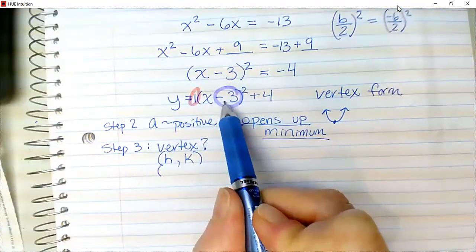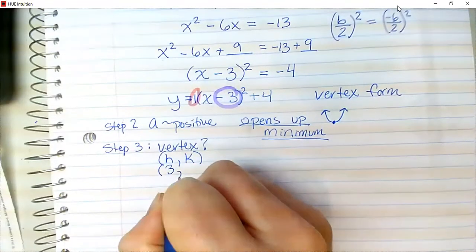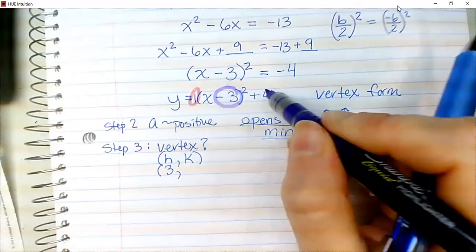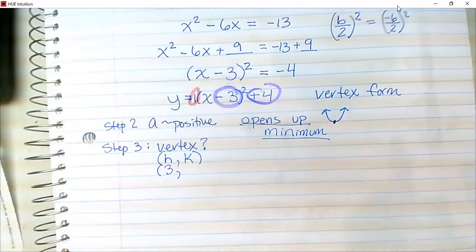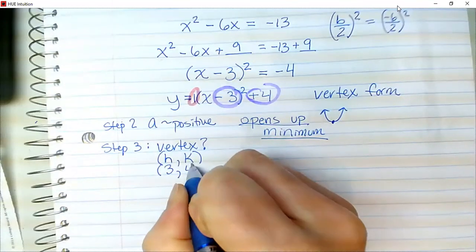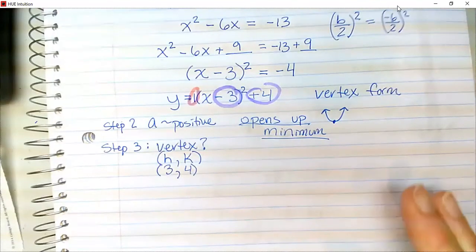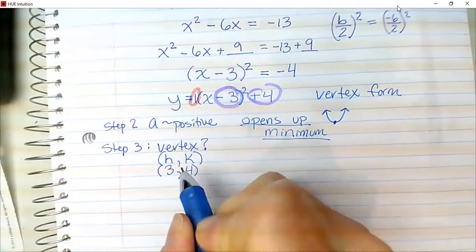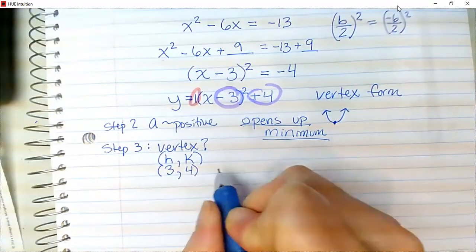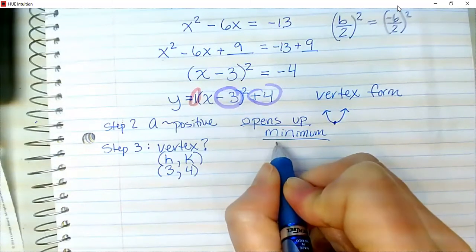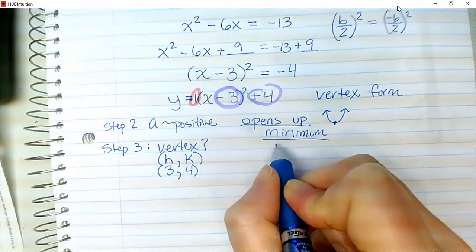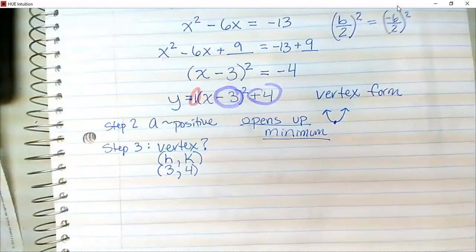So instead of -3, we're going to put +3 here for H, and K is a positive 4, okay? So our vertex is at the ordered pair (3, 4). This is our vertex right here, and we know that it is a minimum. We determined that in the previous step, okay?